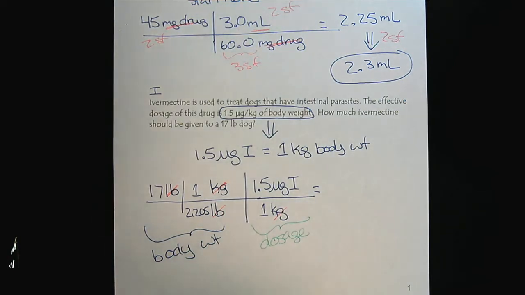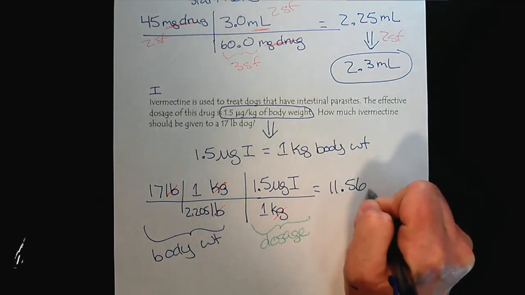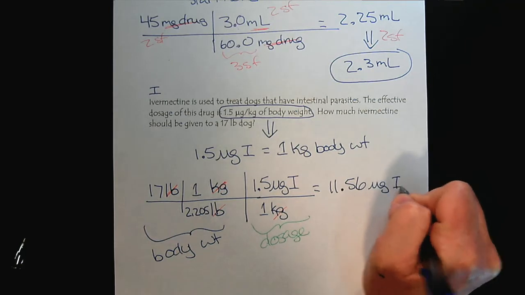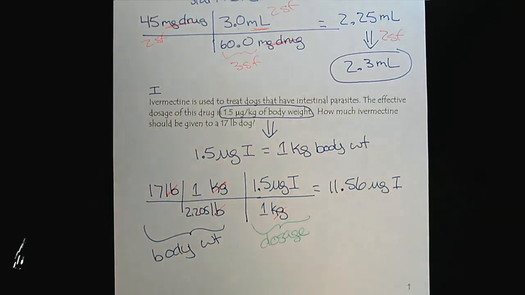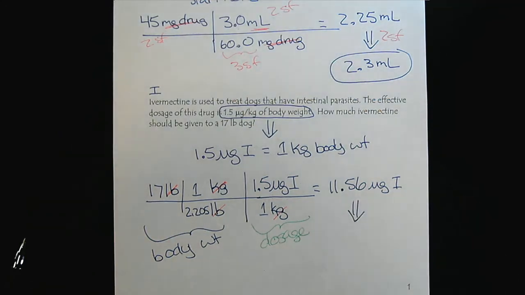So our units look right, and we'll go ahead and plug this into our calculator and see what result we get. All right, and the calculator tells us 11.56 micrograms of ivermectin. And then last but not least, we take a moment to savor the success and then look for those sig figs.